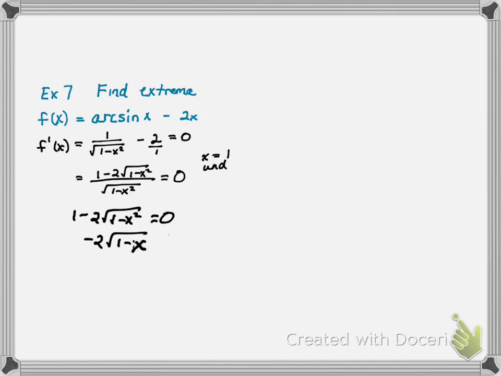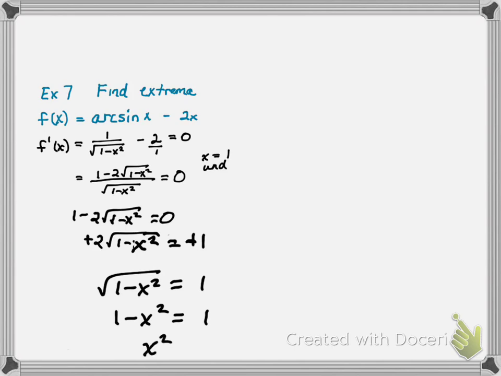So when I move the 1 over, it becomes a negative 1, which changes both of these signs. And then I square both sides. So I have the square root of 1 minus x squared equals a positive 1. Square both sides, and I'm going to have 1 minus x squared equals 1. And now, when I move this 1 over, that gives me a 0. And then I square root both sides, and I get x equals 0.